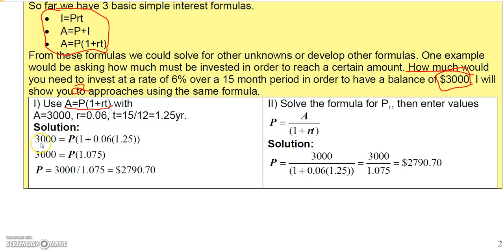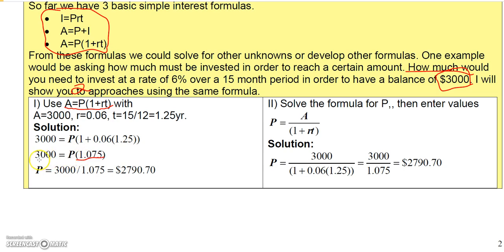So what I could do is take 3,000 for the amount, and I'd have the principal times 1 plus 0.06 times 1.25. Now, I went ahead and calculated this. 0.06 times 1.25 plus 1 came out to be 1.075.